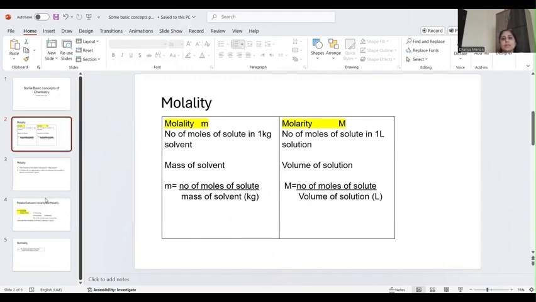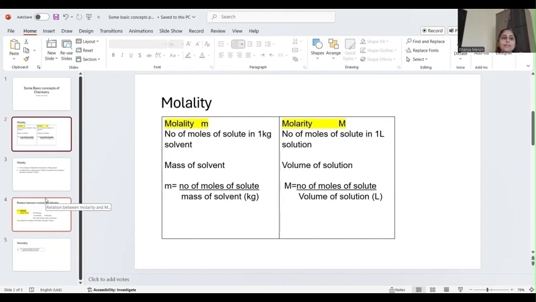Now, because we are talking about molarity and molality, in many competitive exams you have to know the relationship between molality and molarity, so that you can save some time because you have to do everything very quickly. When you know the shortcut relationship between them, if molarity is given, you can find out the molality and vice versa.